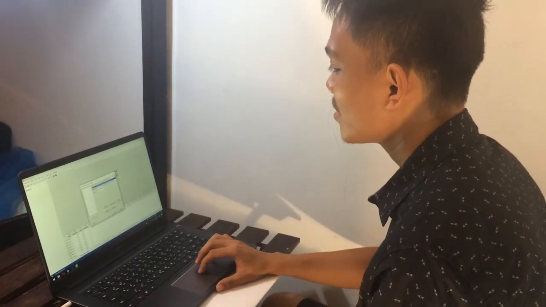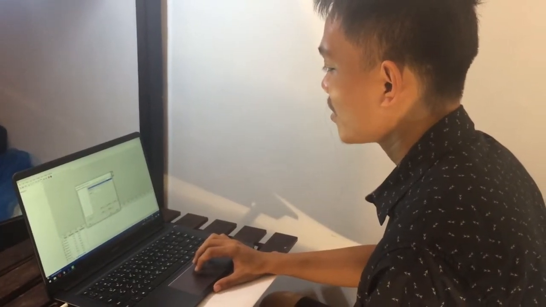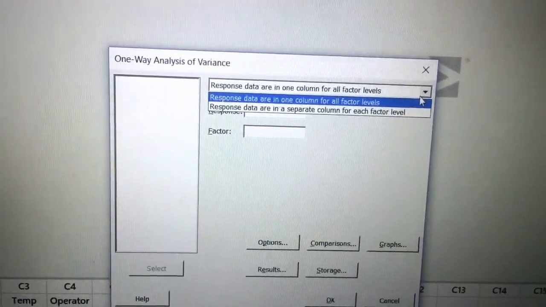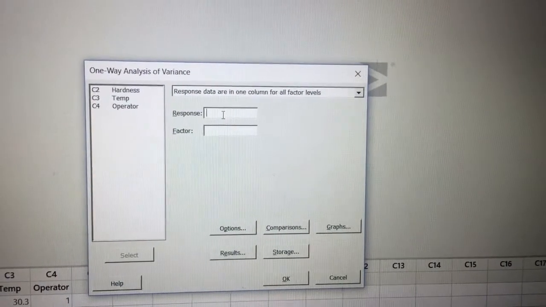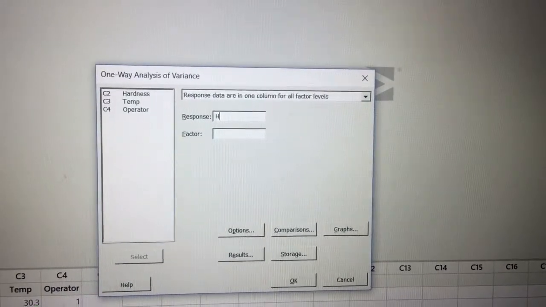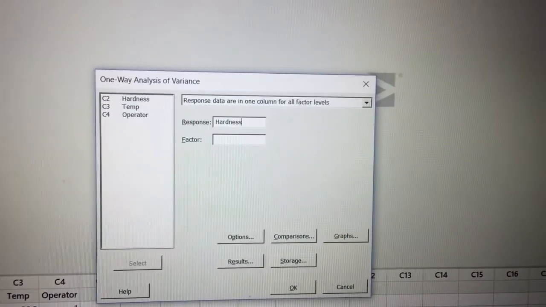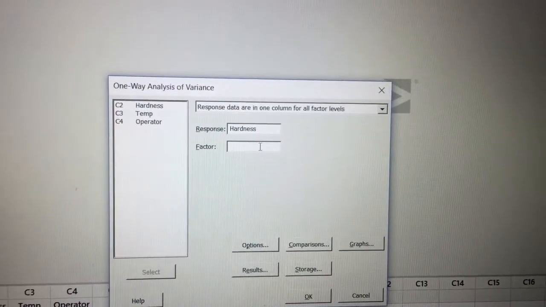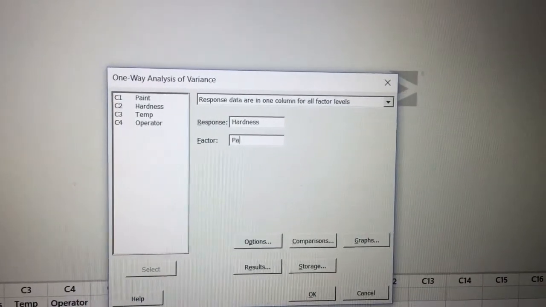Select Response data are in one column for all factor levels. In Response, enter Hardness. And in Factor, enter Paint.